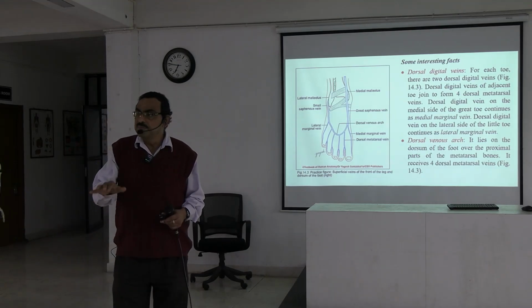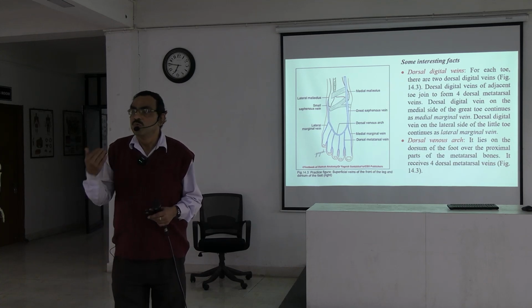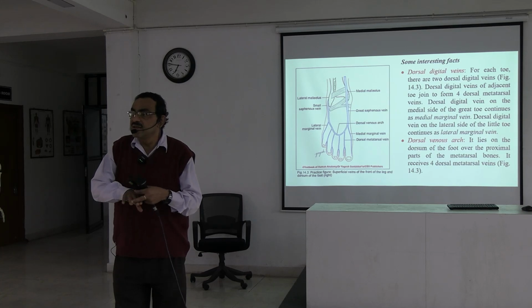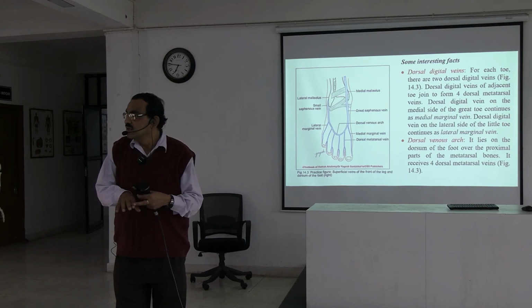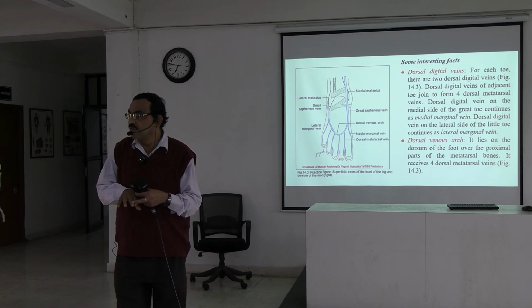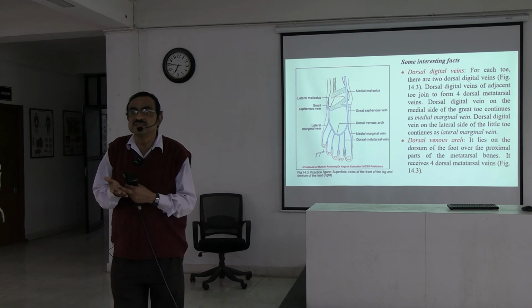What is the dorsum? Which one is the dorsum? That is the extensor surface of the foot. It is the dorsum. Whereas the flexor surface is called the plantar surface.